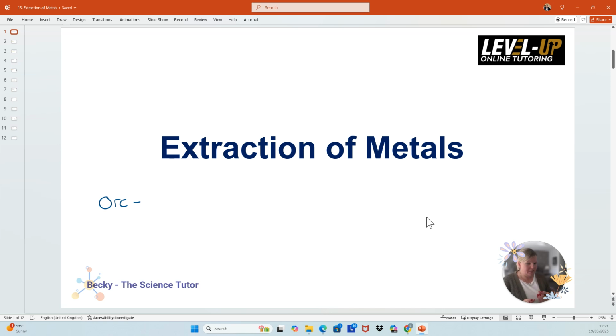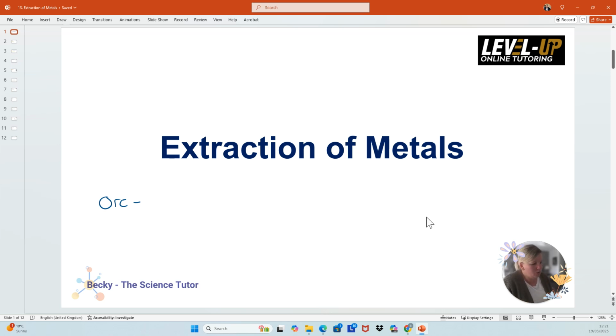So basically, however much it costs you to do the extraction, whether that's a blast furnace or electrolysis, you've got to look at, well, how much is it going to cost me to do it, and how much am I going to be able to sell that metal for? Am I going to get enough metal out of the ore to make me a profit?